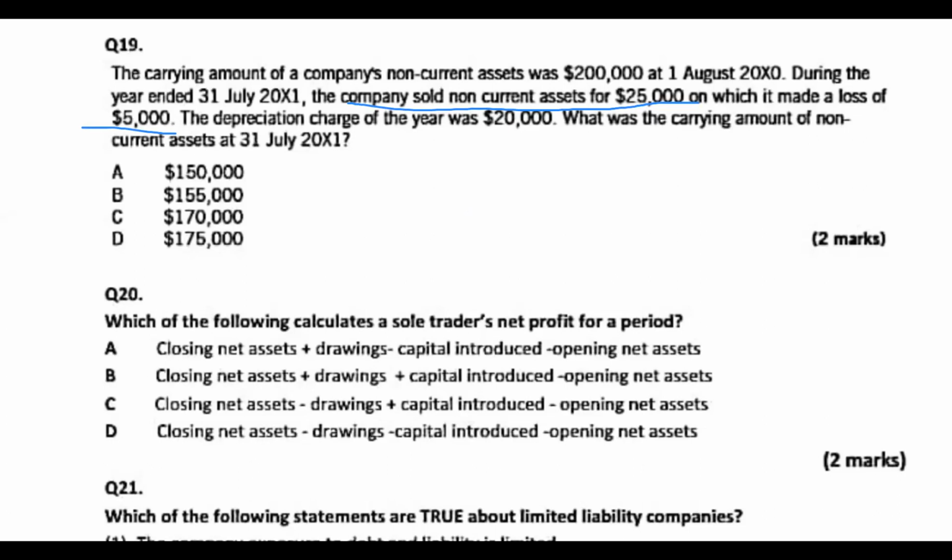So even if they sold something that is worth 25,000, they sold $25,000, which means what is remaining is 150,000 of assets.